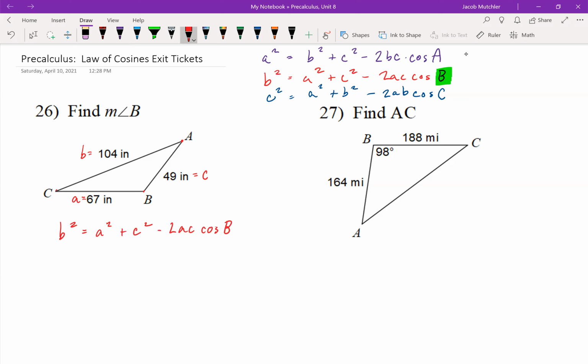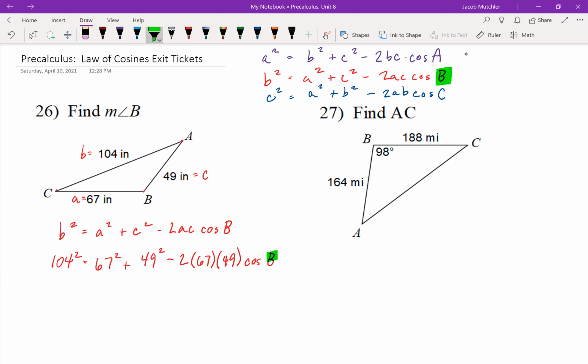And I'll just fill in. So that's going to be 104 squared equals 67 squared plus 49 squared minus 2 times 67 times 49 times the cosine of b. So that's everything filled in.